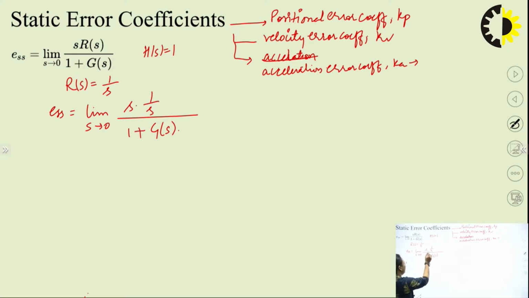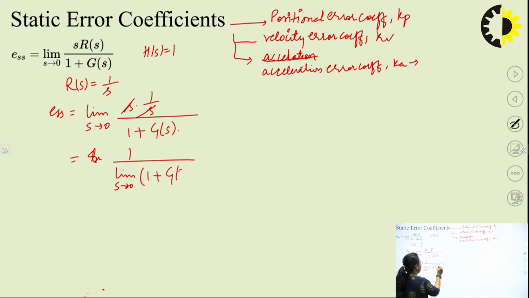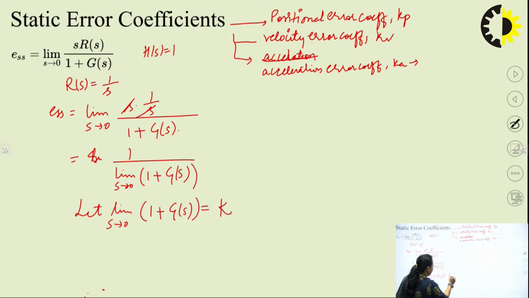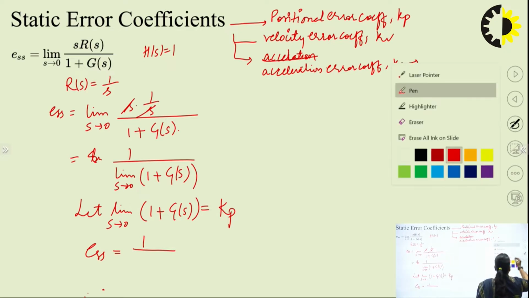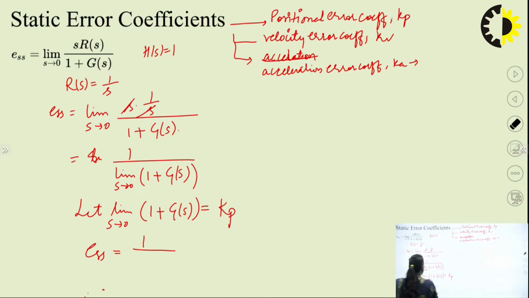So the s terms get cancelled, and the steady state error will be 1 upon limit s tends to 0 of 1 plus Gs.